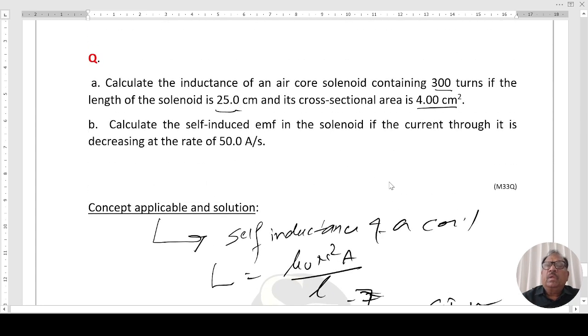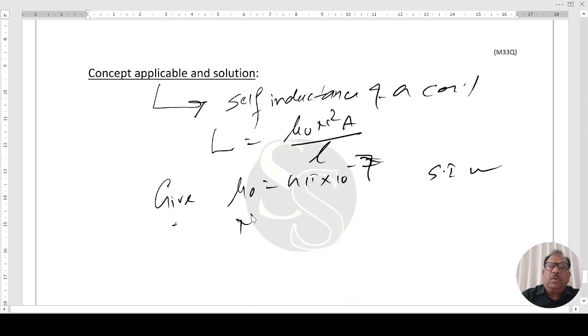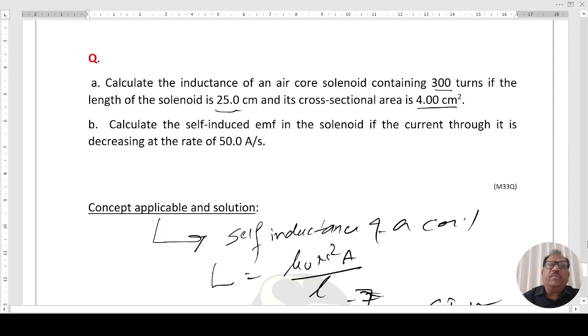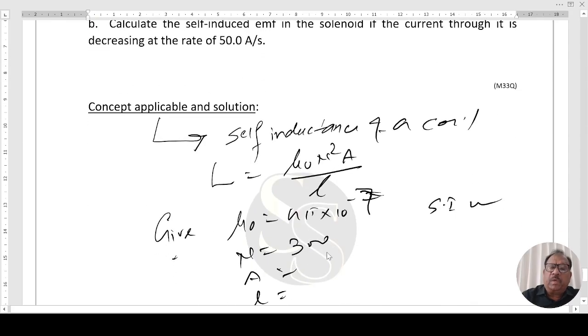Right. N equal to 300. A is given to be 4 centimeter square, 4 into 10 to the minus 4 meters square.